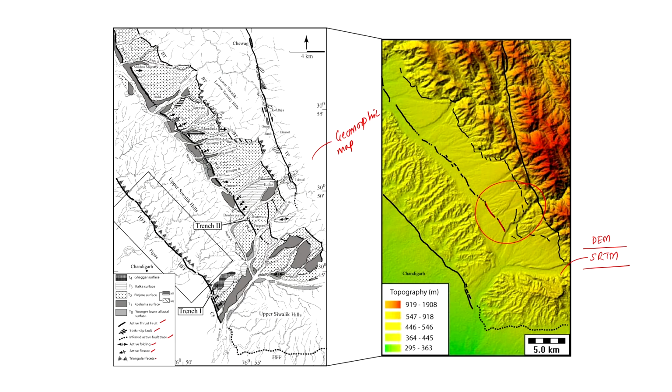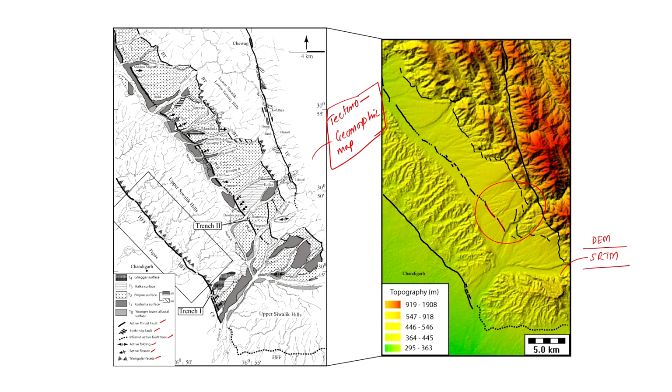And the landforms here, what we call triangular facet, this we will learn when we are talking about the tectonic geomorphology part. So then this map we can call as a tectono-geomorphic map, okay, because it includes the tectonic features also in this.